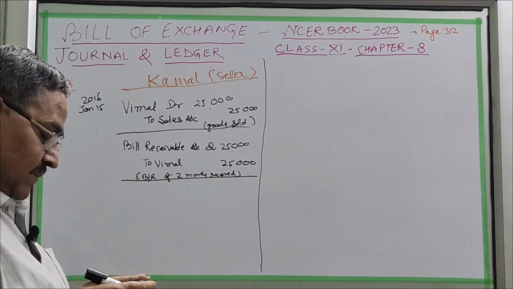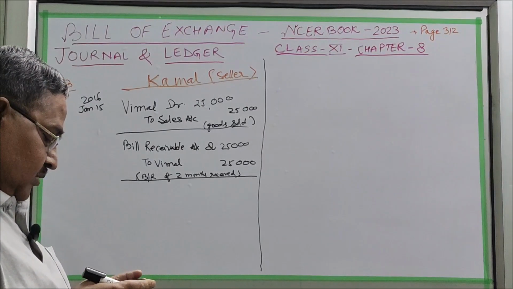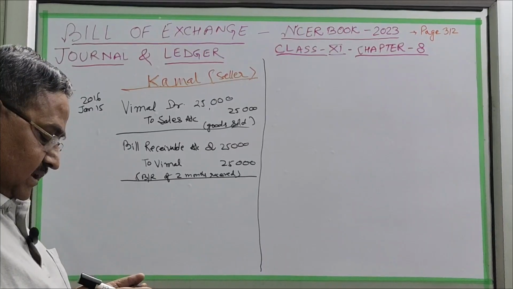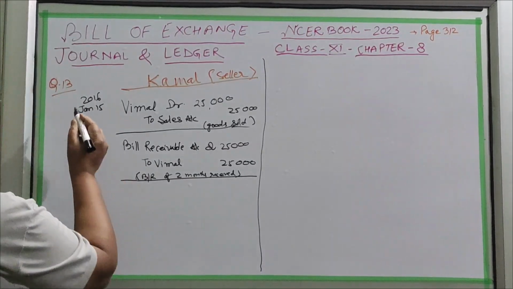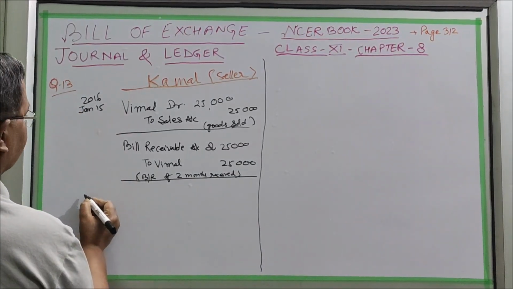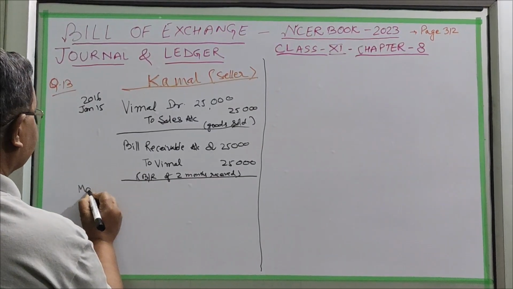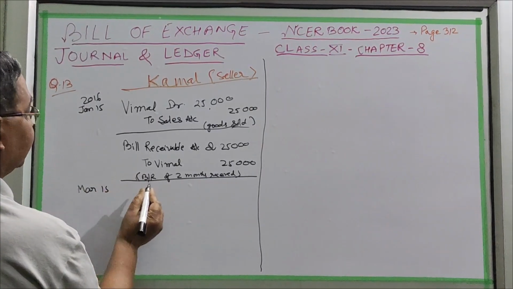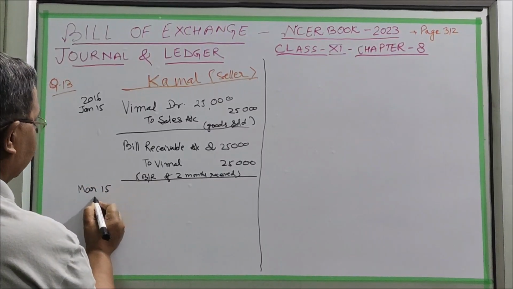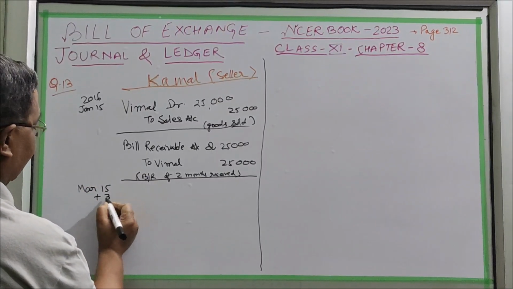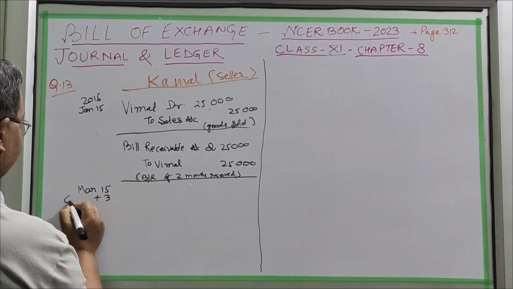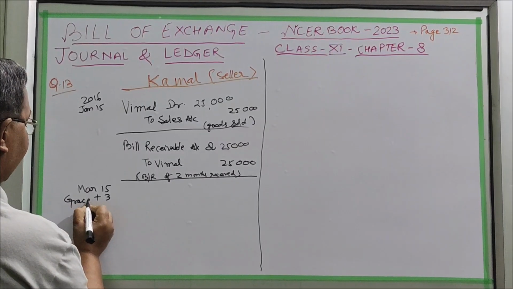Here he has given some cases, presuming the bill was retained by Kamal till the date of its maturity. So 2 months, its maturity will come January, then February, March, 15 and 15, plus 3 more days. This is called days of grace. Grace days are extra days for a bill.